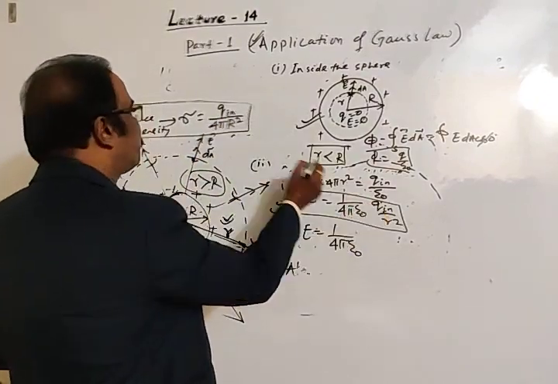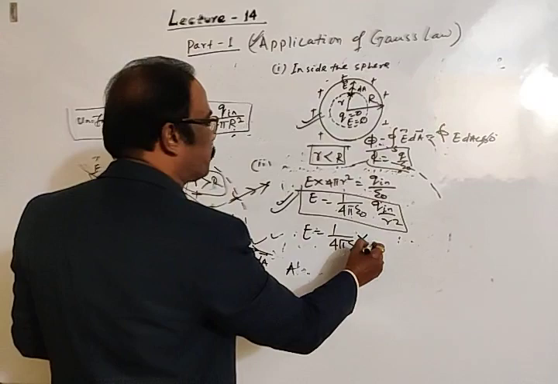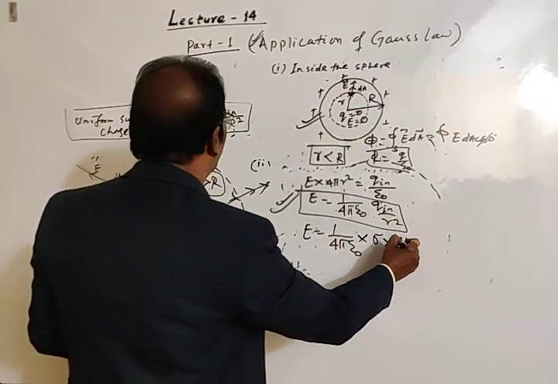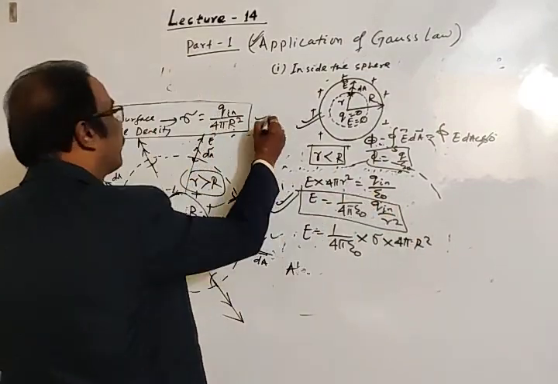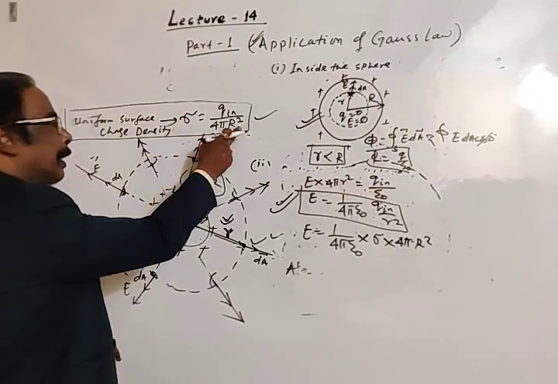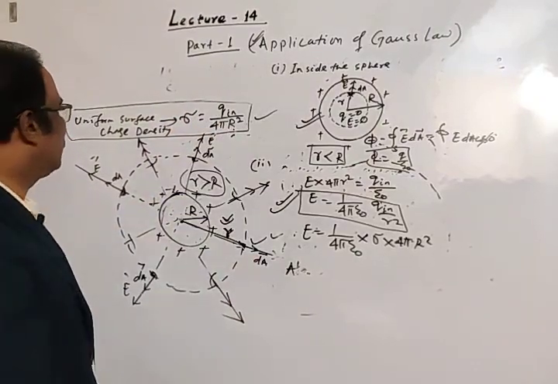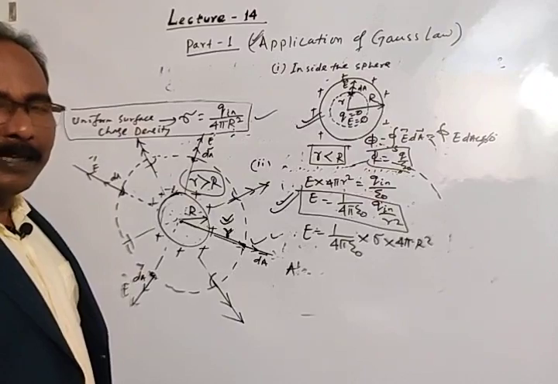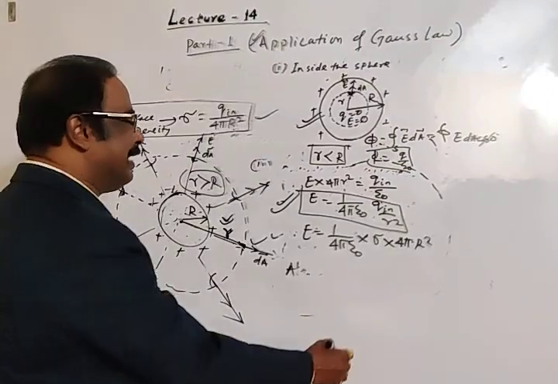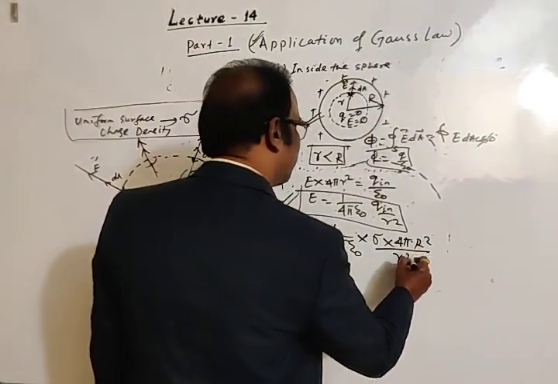Then in place of charge inside, we may put sigma into 4 pi r square. Total charge is sigma into 4 pi r square, where sigma is the uniform surface charge density, divided by r square.